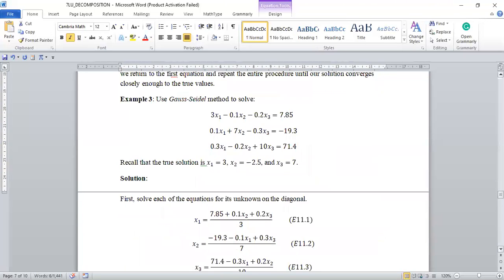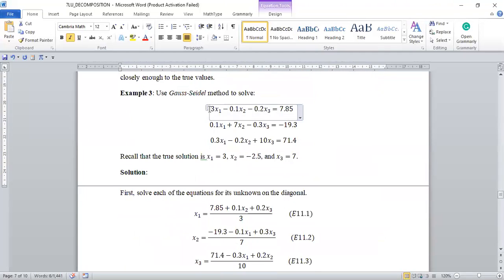So we are going to use an example to illustrate it. This is the question we've been considering, and we know the true values. For the Gauss-Seidel method, we need to track the error. So that means you are going to be given the true values. If you are not given the true values, you calculate the approximate error.